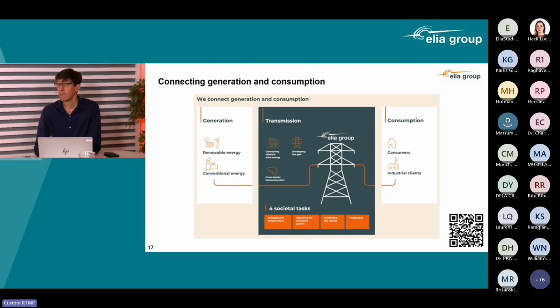They have three main tasks: to maintain the grid, to operate the grid, and for that to be done, to facilitate the market and to make it even for every partner that would like to join the energy market.